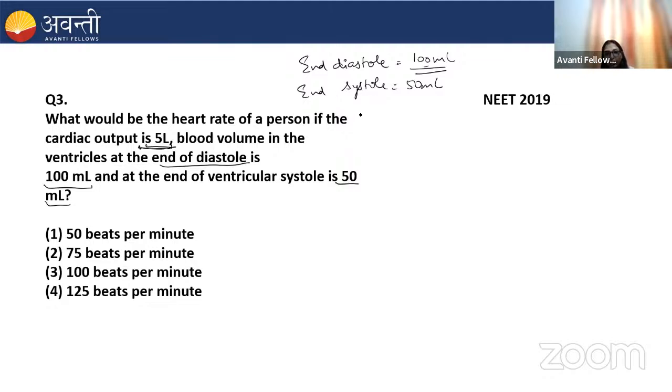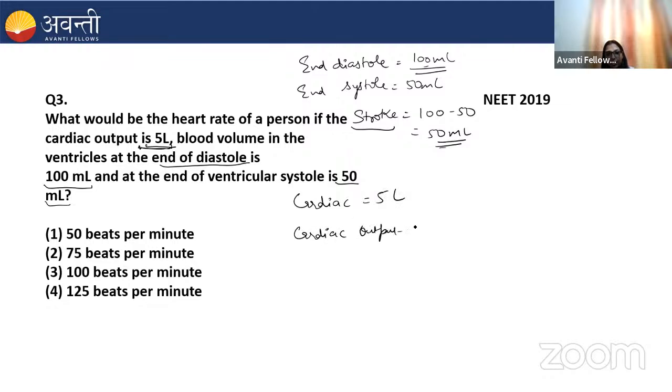So now the stroke volume will be 100 minus 50, which is 50 ml. Here the cardiac output is given, which is 5 liters. And we know that cardiac output equals stroke volume times heart rate. They are asking about the heart rate of the person.